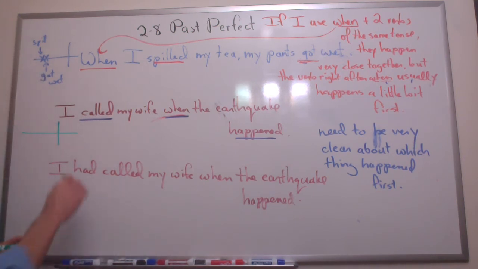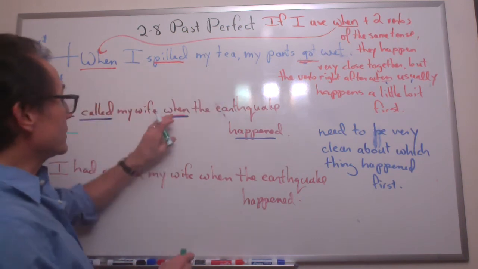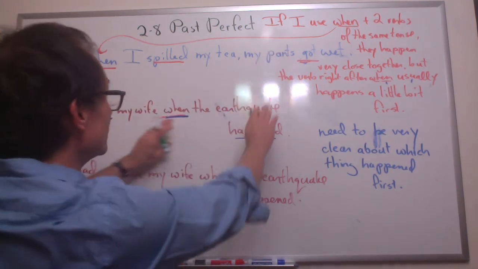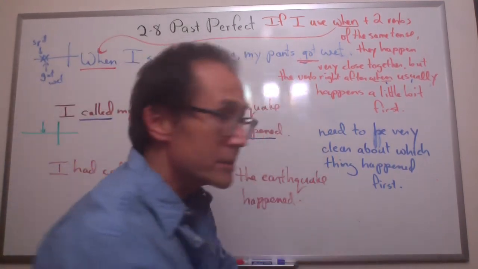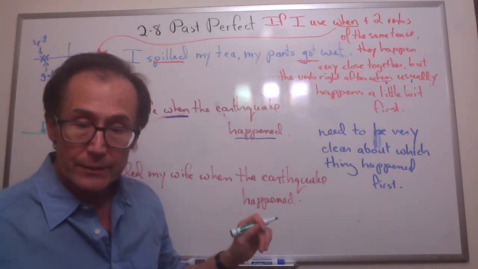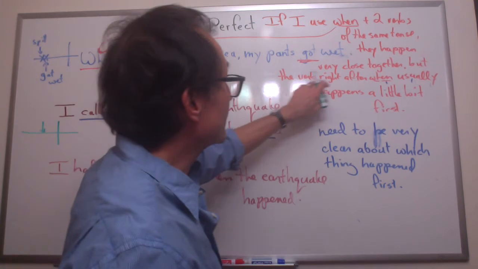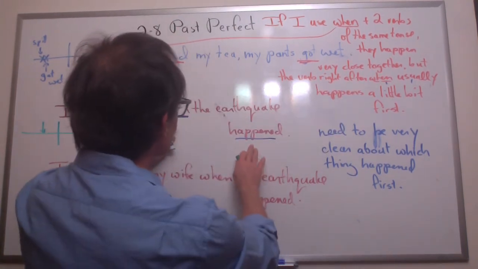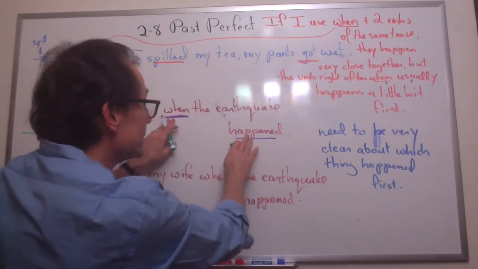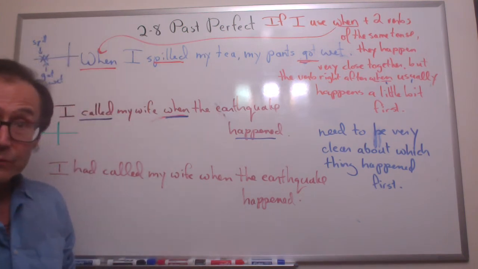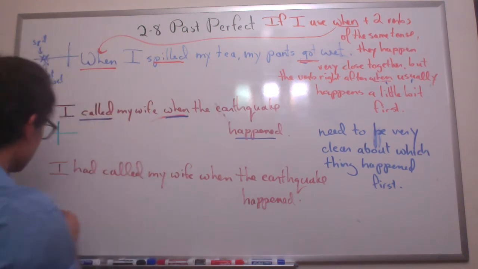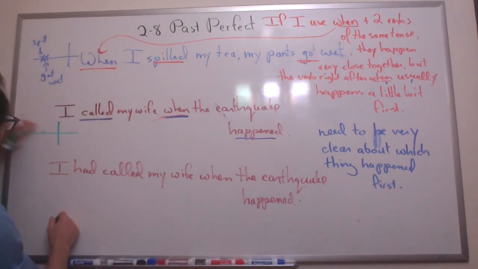So I've got when with two verbs of the same tense, so I know they happen very close together. And the verb right after when usually happens first. So earthquake happened was a little bit before I called my wife. So if I draw a picture, it would look like this.